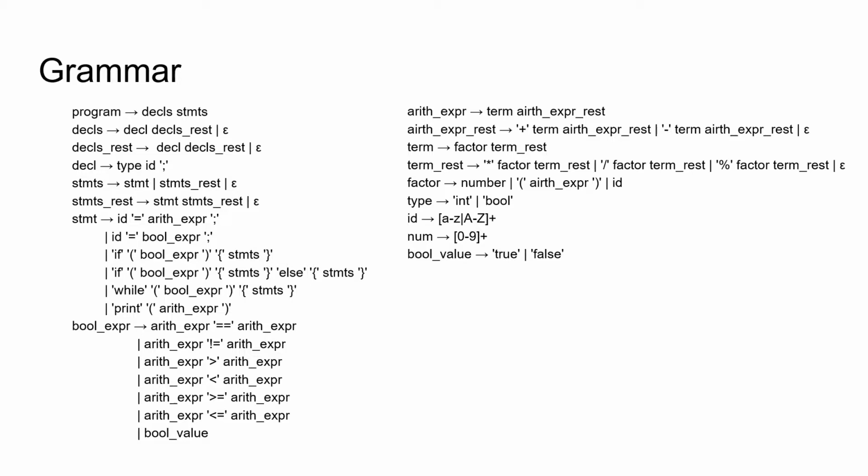Because we do not support functions, we have a special statement called print to print an arithmetic expression. Another constraint of our grammar is that all declarations can only be placed at the top of a program.